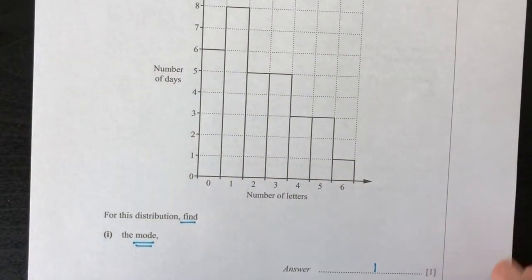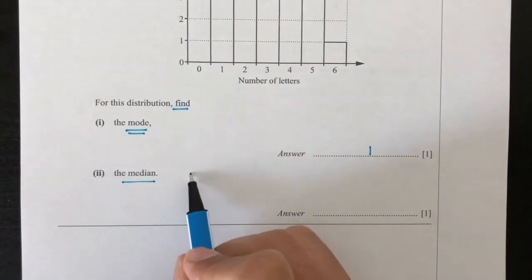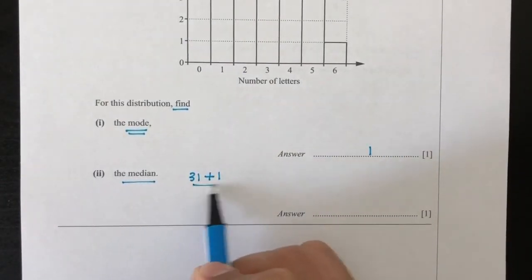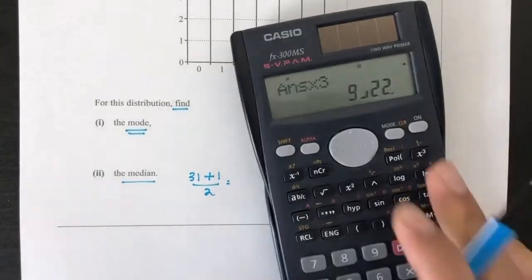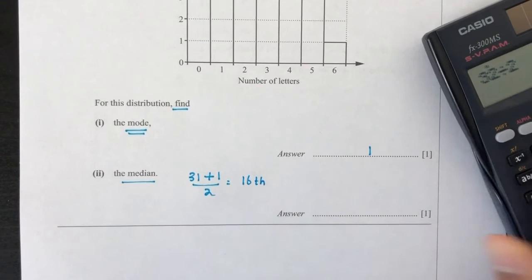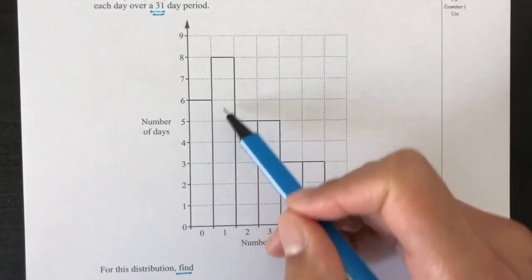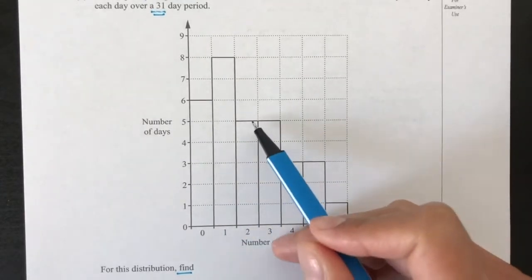Now for the median, it has to be the middle value. So we have 31 plus 1 divided by 2. That will be 32 divided by 2. That will be your 16th element. So where is the 16th day? So we have 6 days here plus 8, that will be 14, and plus 2, that will be 16.